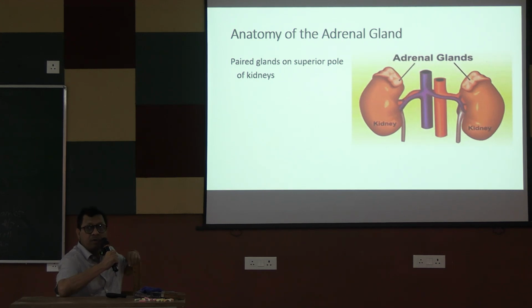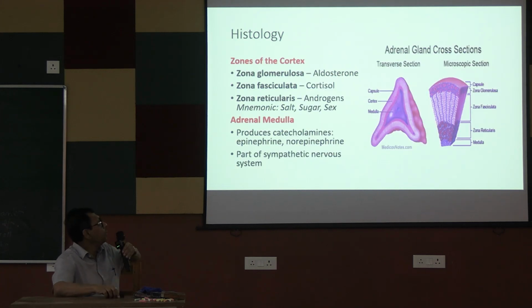That is why one must know the anatomy of the adrenal gland very precisely, which is triangular shaped, approximately 3 to 5 centimeter in length and width. And at the same time, if you go into the cross-sectional image of this gland, you can see that it has three zones.